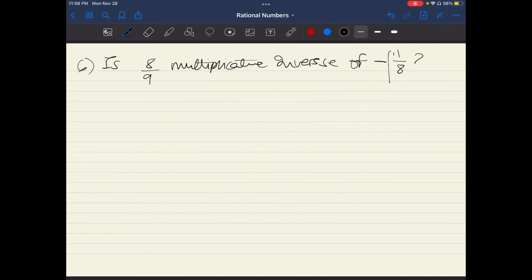Now let's look at our next question. Is 8 over 9 the multiplicative inverse of minus 1 1 over 8? Now first of all, what is minus 1 1 over 8? Minus 1 1 over 8 is a mixed fraction, which we will solve using the properties that we are already aware of. So minus 1 times 8 plus 1 over 8, which is minus 9 over 8.